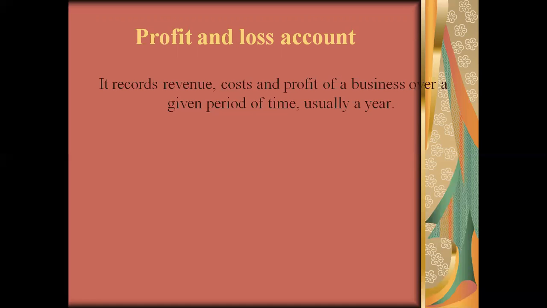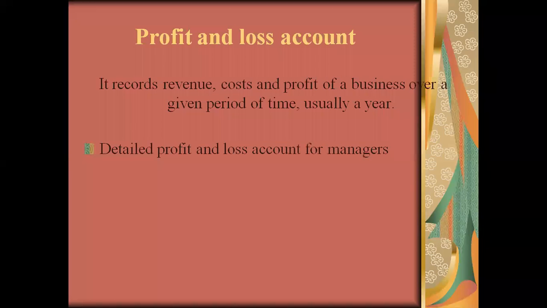This is shown in the income statement, and a detailed profit and loss account is drawn up for managers. Why? Because managers have to see what is happening, because they have to play with those figures. You have to see whether a cost is increasing or going down, how to reduce it, or which cost is more significant to control.